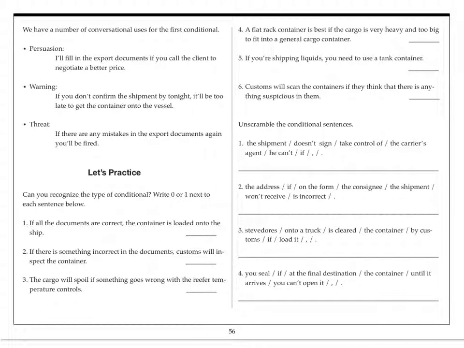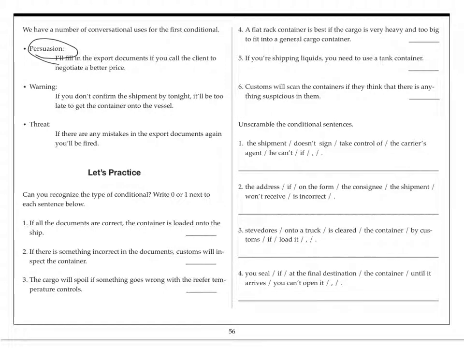Now, the first conditional has a few conversational uses. The first use that we have for it in conversation is to persuade or to convince someone. For example, I'll fill in the export documents if you call the client to negotiate a better price.